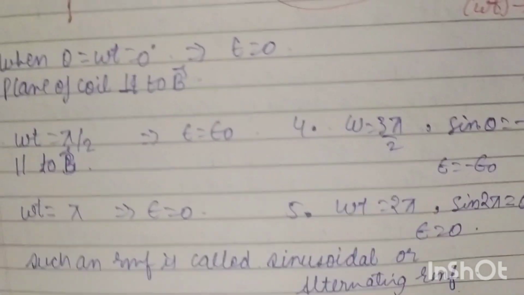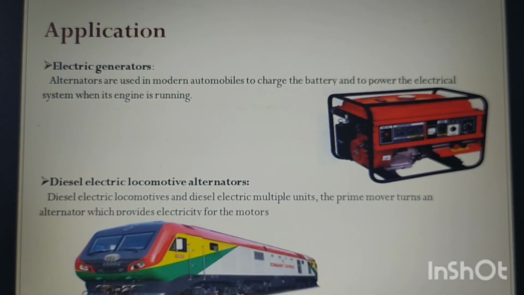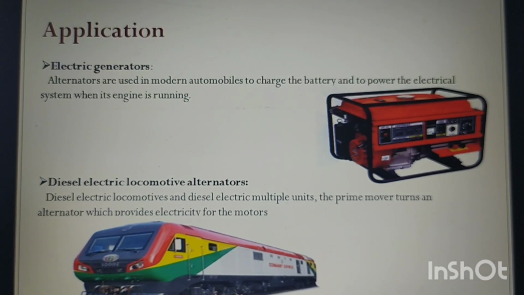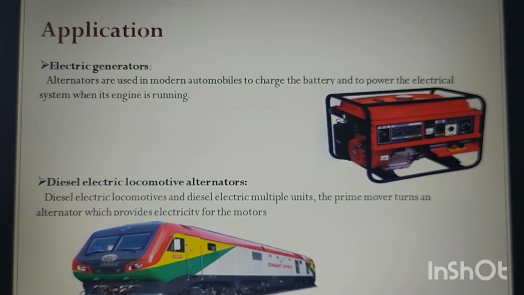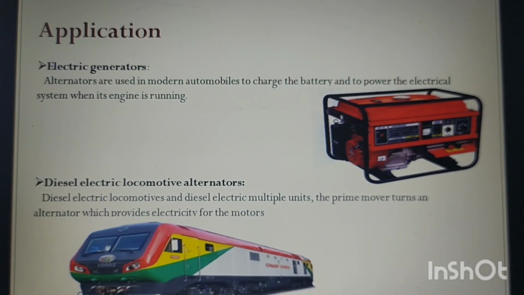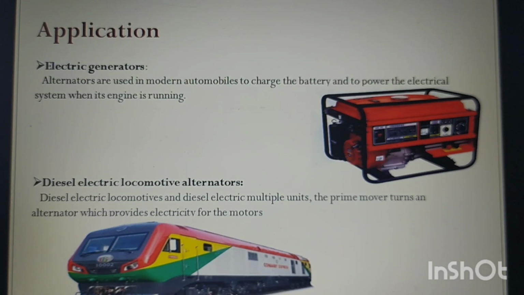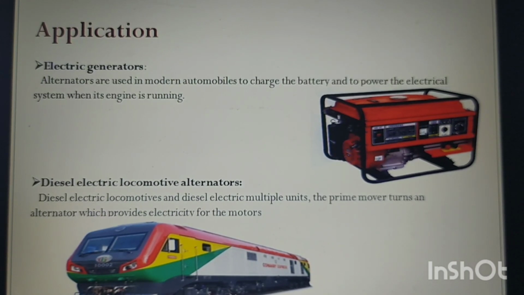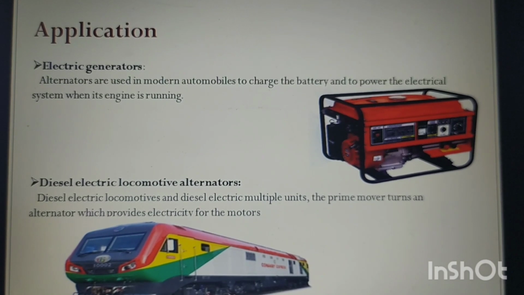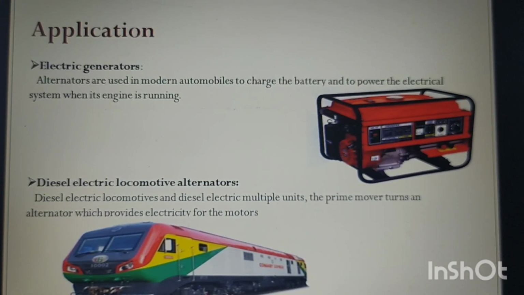Why? It is changing for every angle or every rotation. Now let us discuss some applications of the AC generator. The first application is electric generators. In electric generators, these alternators are used, and we have already discussed what an alternator is. It is a second name for AC generator.